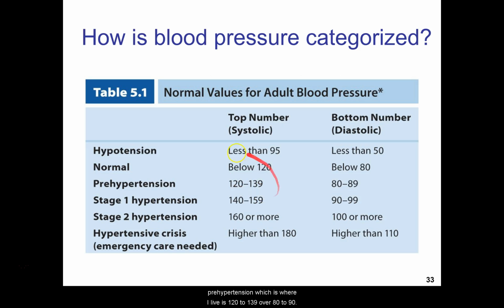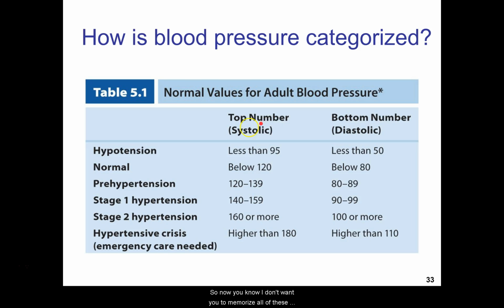Pre-hypertension, which is where I live, is 120 to 139 over 80 to 90. And the normal blood pressure here is 120 over 80. You also have something called hypotension, and that means that your blood pressure is lower than normal. And that is definitely not necessarily healthy as well.